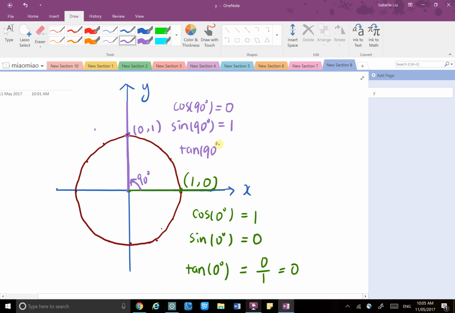Which point does 180 degrees intersect? (-1, 0) here. So cosine 180 degrees equals -1, which is the cosine value, and sine 180 degrees will be 0.